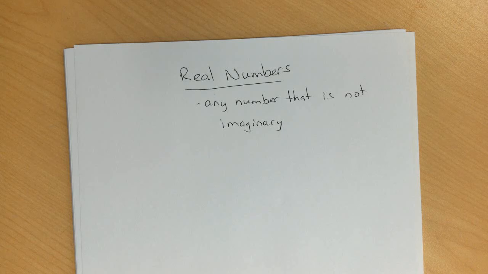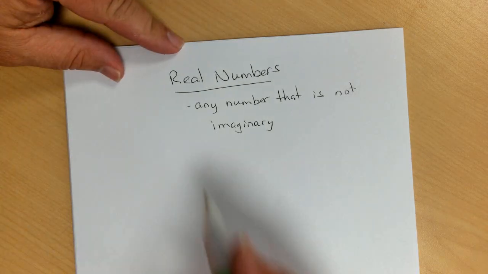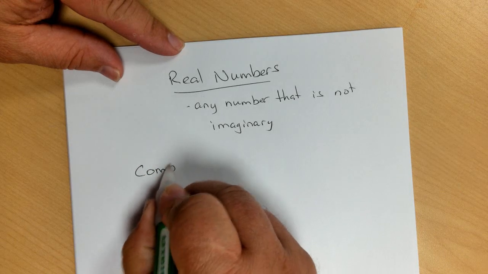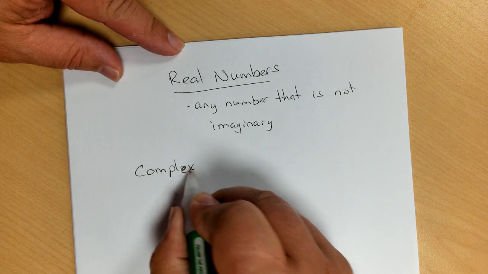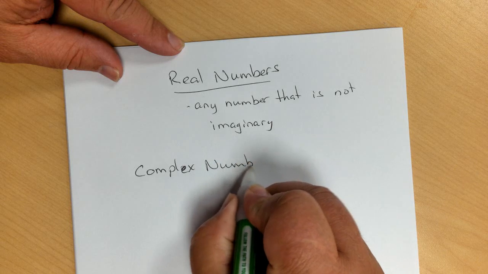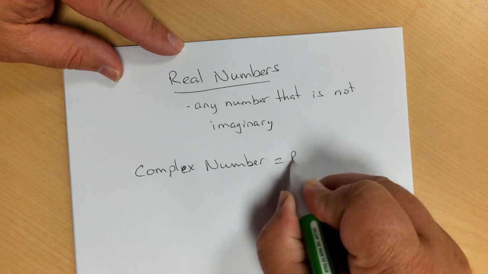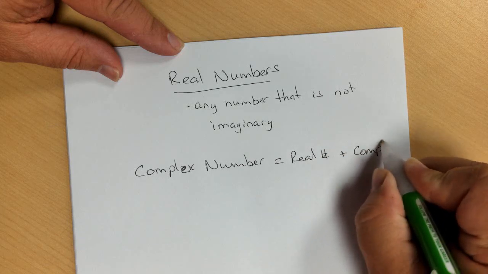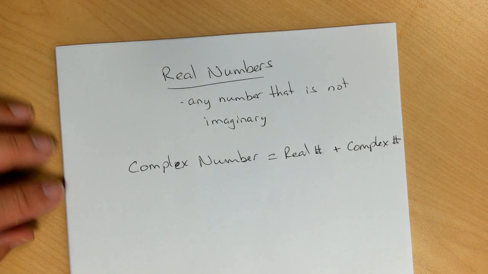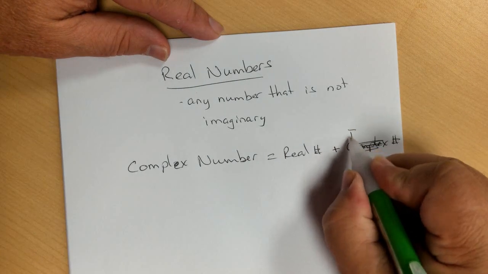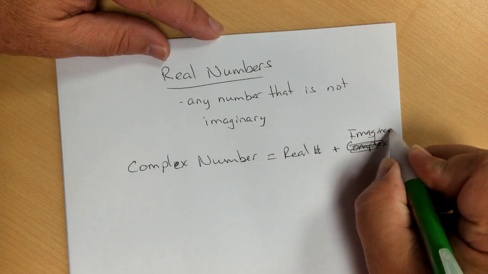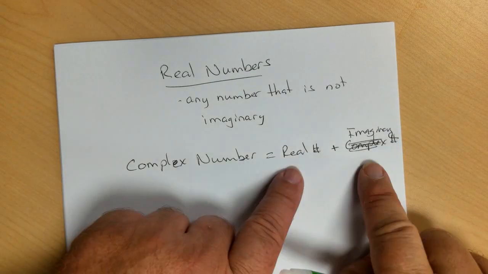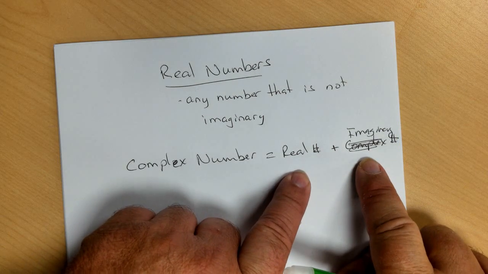Because there are two sets of numbers that we have in our numerical system. Real numbers and imaginary numbers. That's called a complex number, which equals real numbers plus imaginaries.